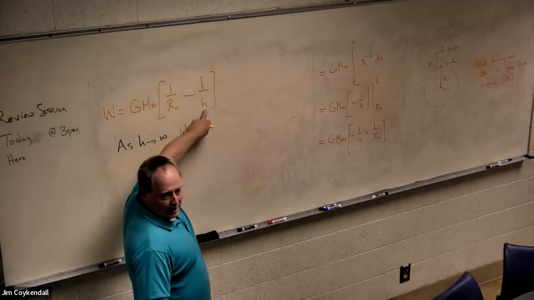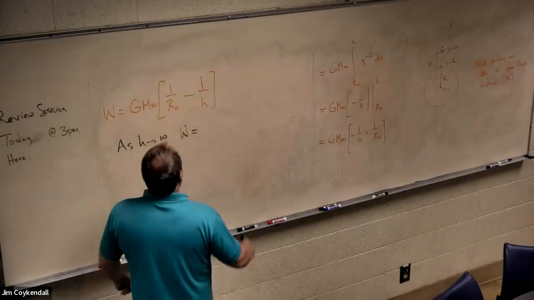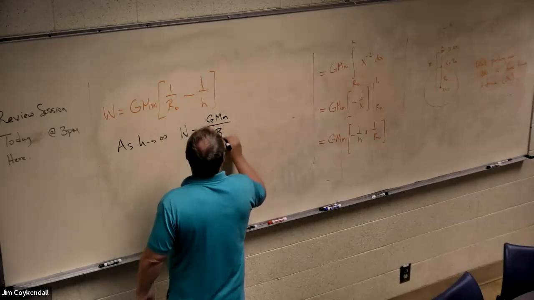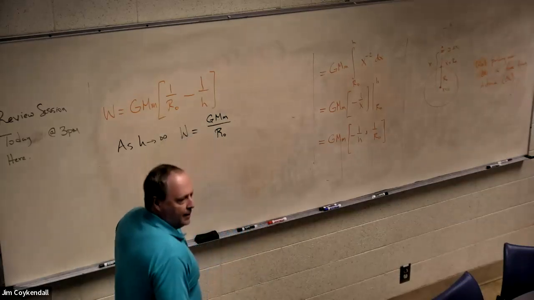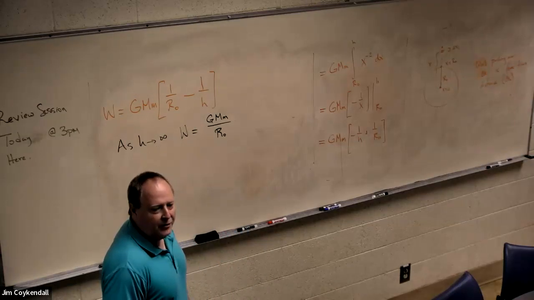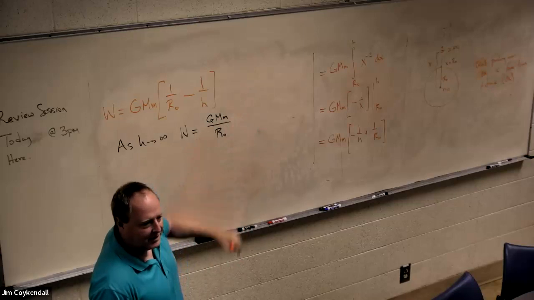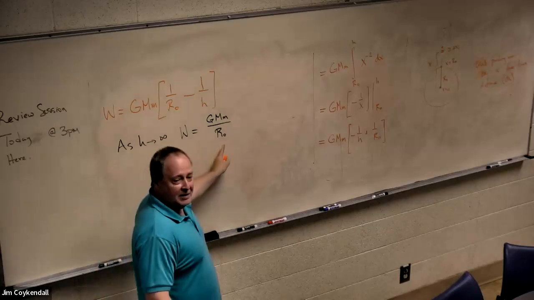This piece goes away. Now you get GMm over R0. That's the work it takes me to push you. Notice that's a finite number.